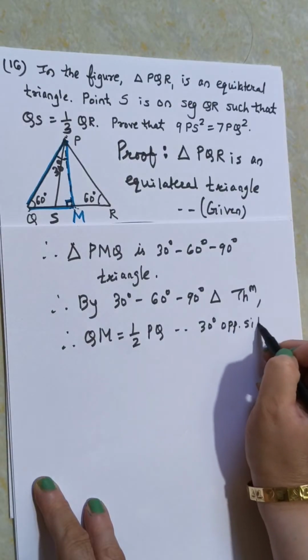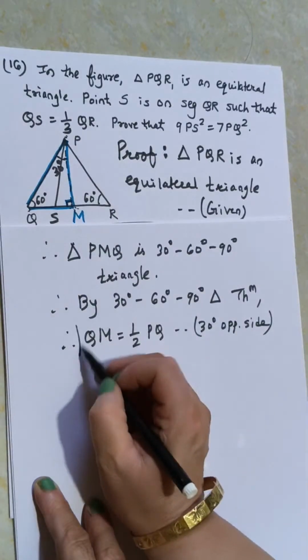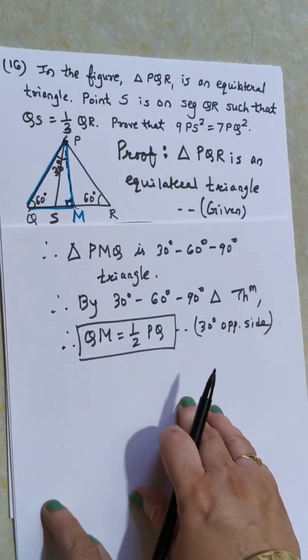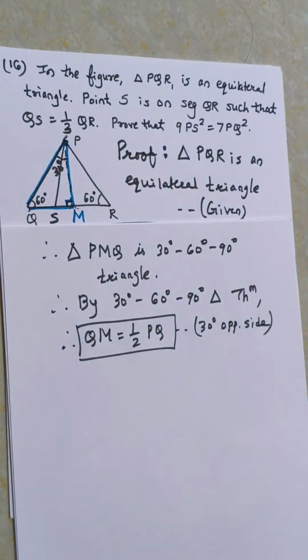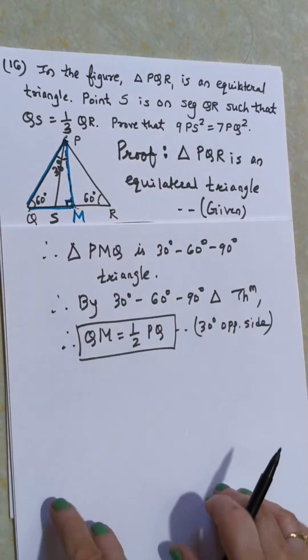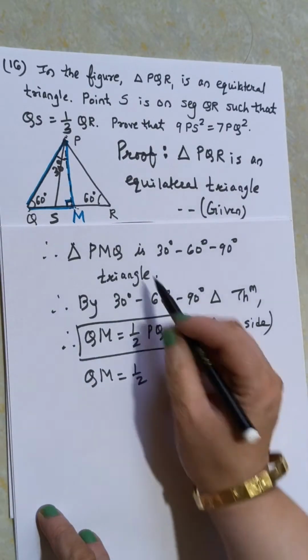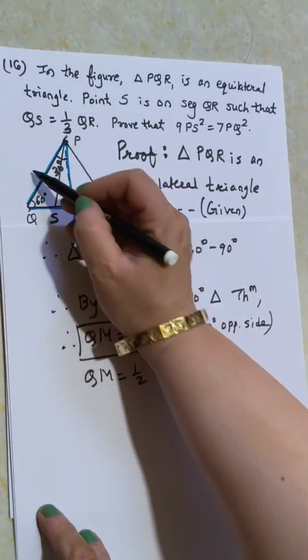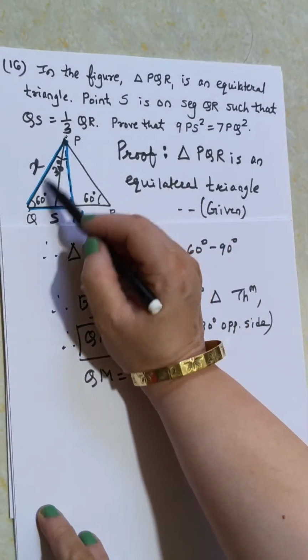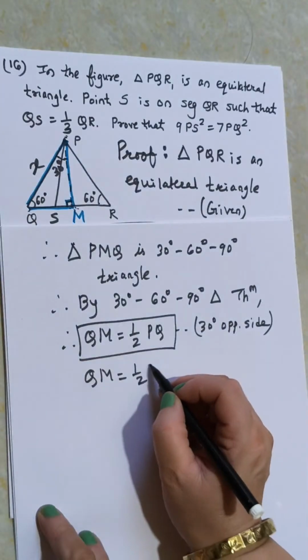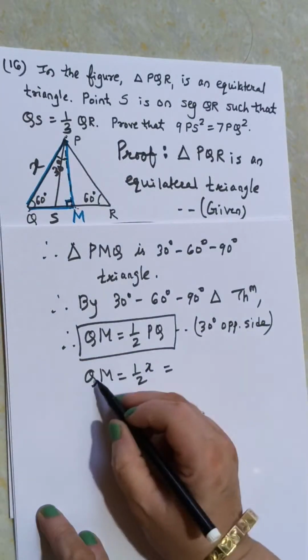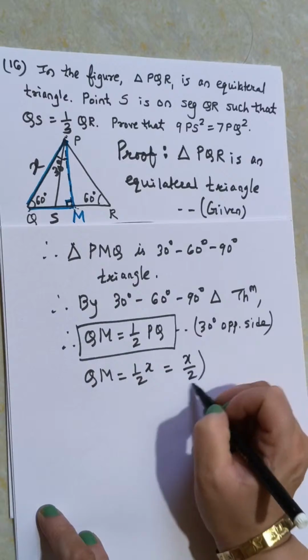You know that the 30 degree opposite side is always half of the hypotenuse. So what will be QM? QM will be half. And what I have guessed is that PQ is X. So X upon 2. So how much did I get for QM? That is X upon 2.